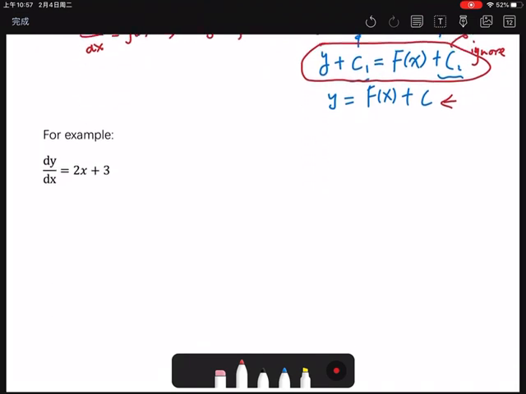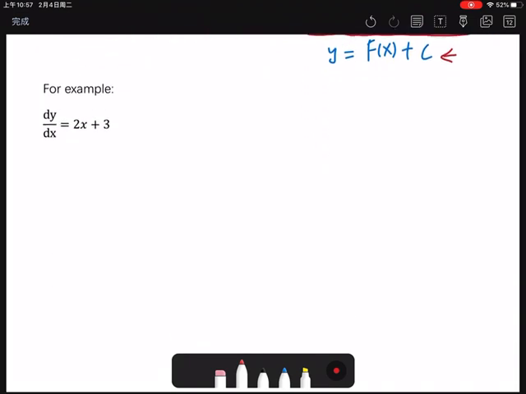Alright, so let's look at the example. So for example, dy by dx equals 2x plus 3. So we can multiply dx on both sides. So we will have 2x plus 3. Don't forget the bracket. So times dx. And then we do integration on both sides.